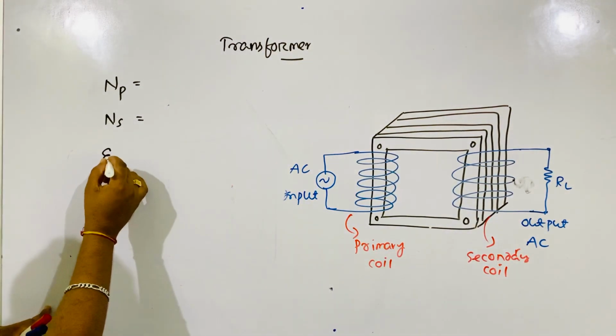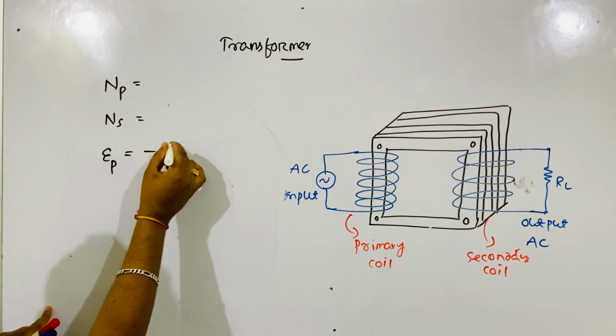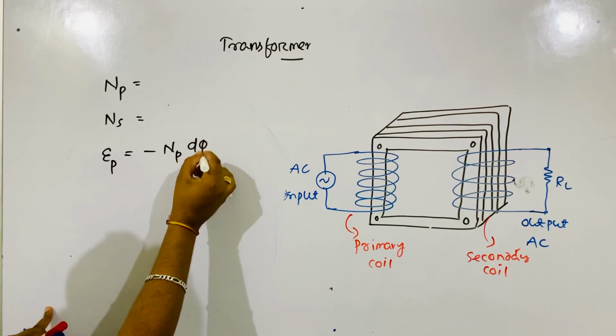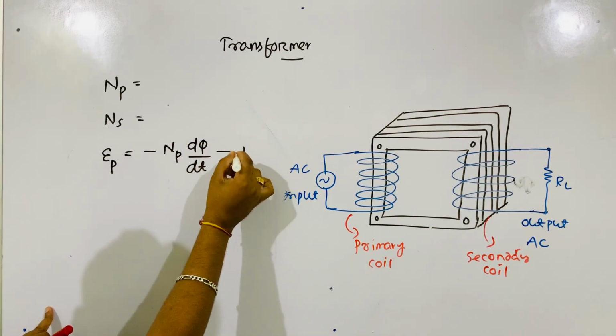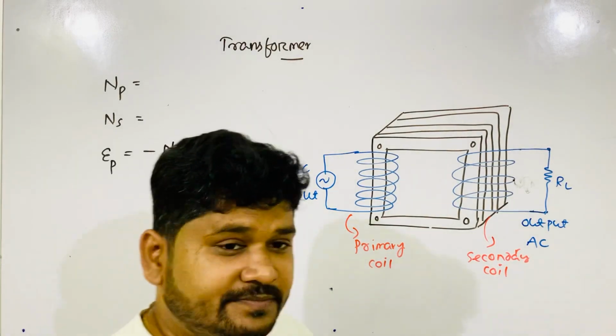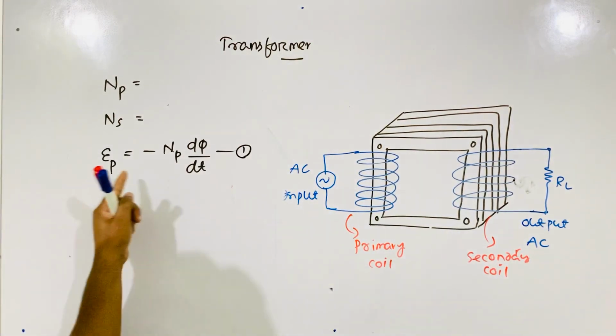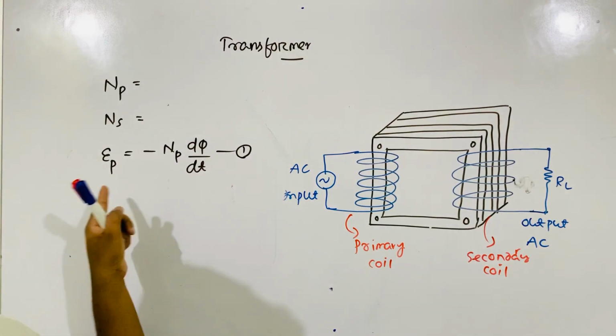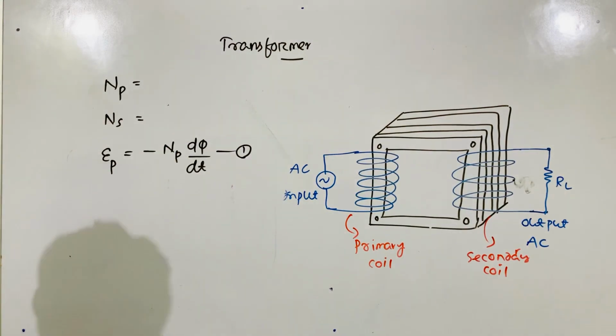The EMF induced in the primary is EP equals minus NP d phi by dt. Have you remembered this formula, Faraday's law?